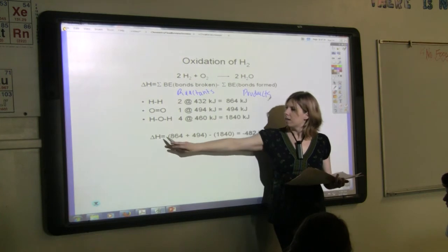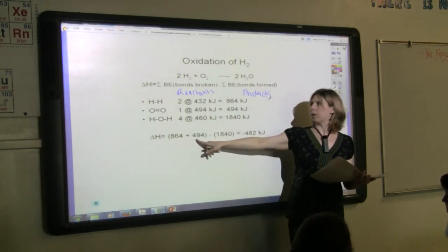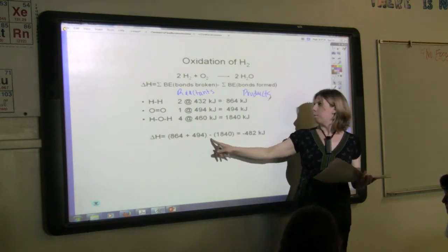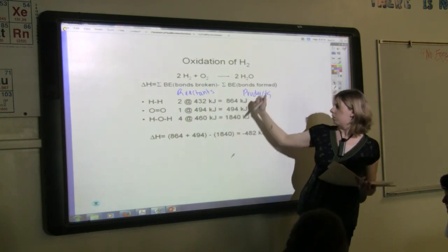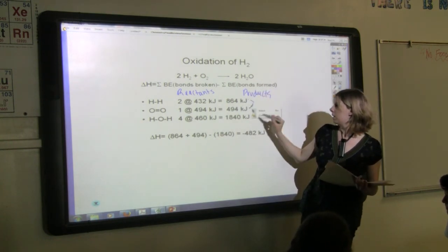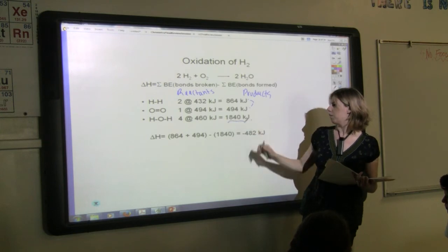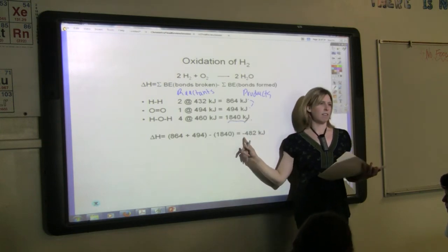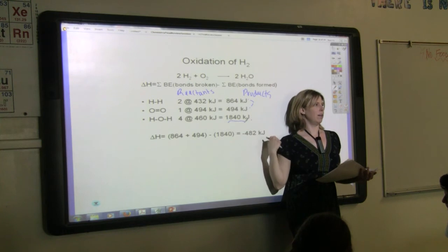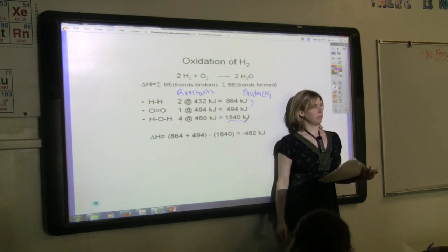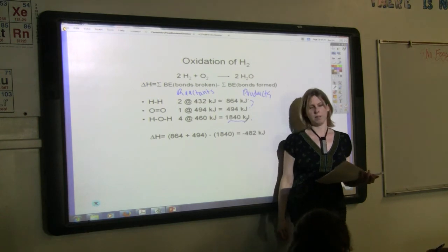And then we take our delta H equals the bonds broken minus the bonds formed. So that's bonds broken and then bonds formed. That gives us negative 482. Is it endo or exothermic? It's exothermic.